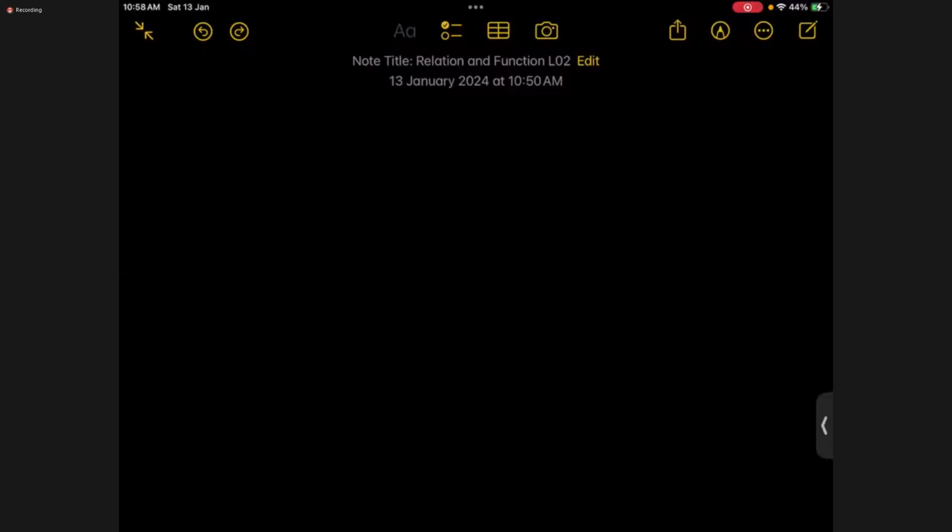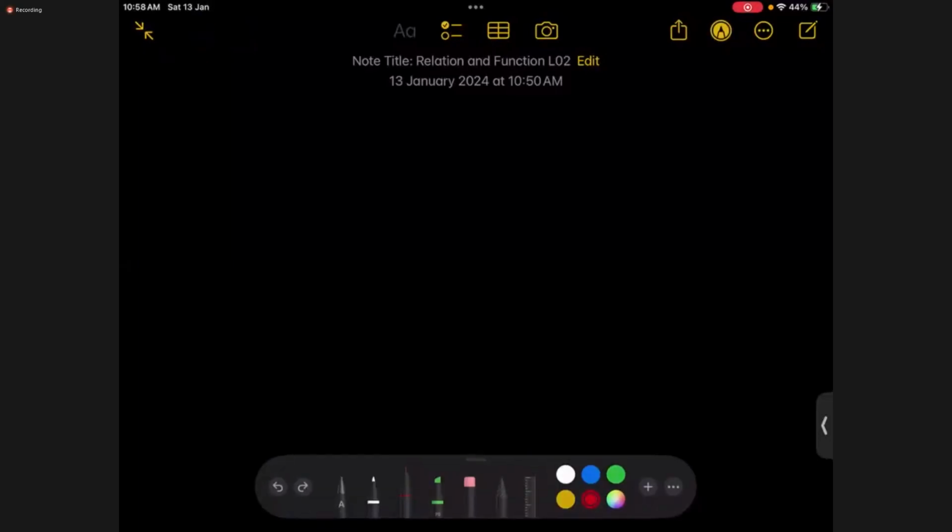Okay, so in the last class we were discussing relations, and we came up with the definition of Cartesian product, which was defined by A cross B, where A and B are two non-empty sets.